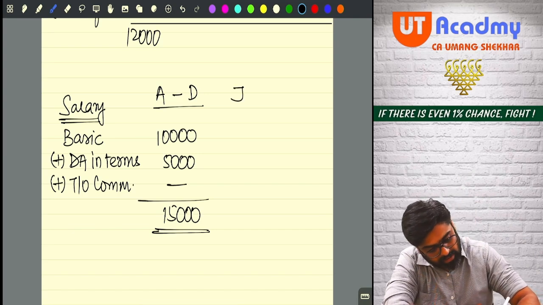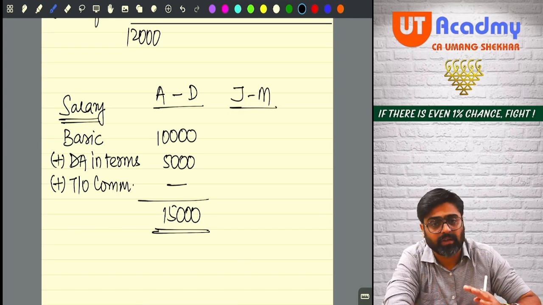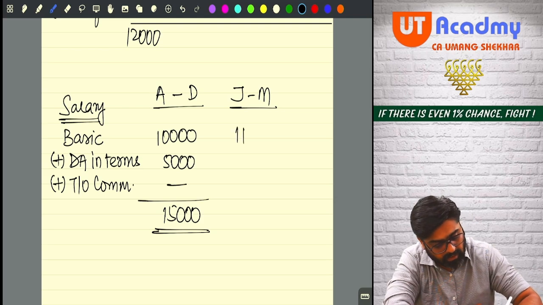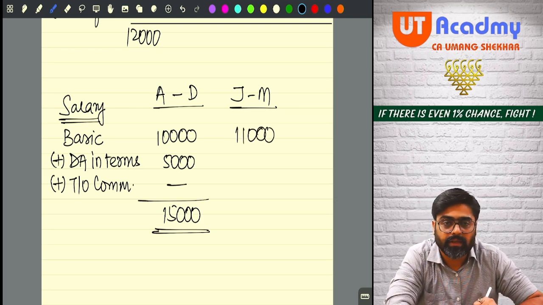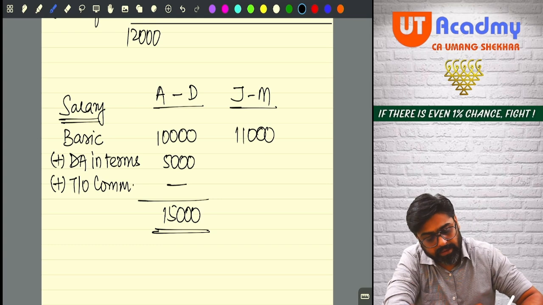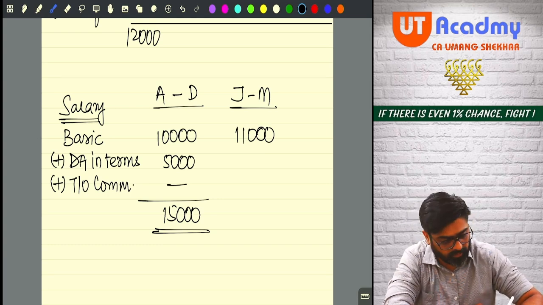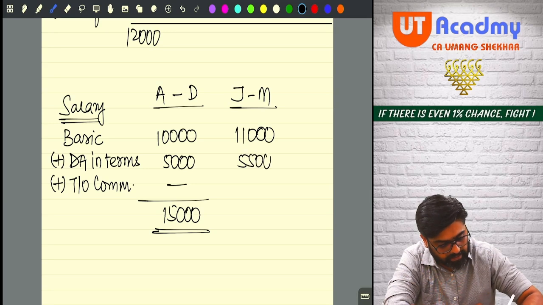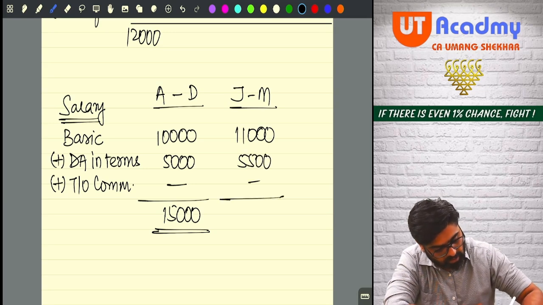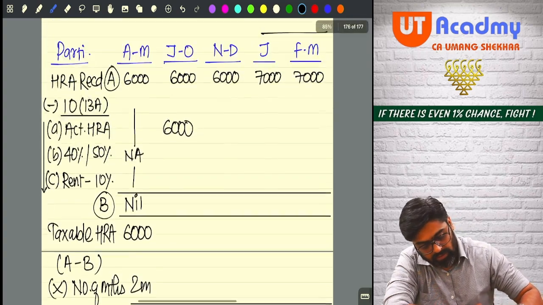And from January to March, my salary is increasing by 1,000, meaning my basic will be 11,000 and DA will be 11,000, but out of that only 50% is in terms. So 5,500 will be my DA in terms. This will be 16,500. Now I have to see that I am making the calculation for which months?